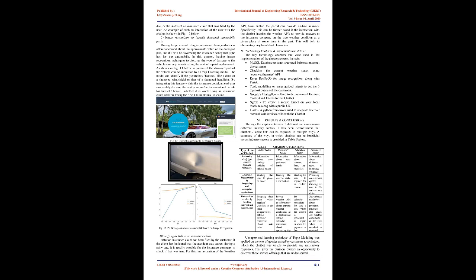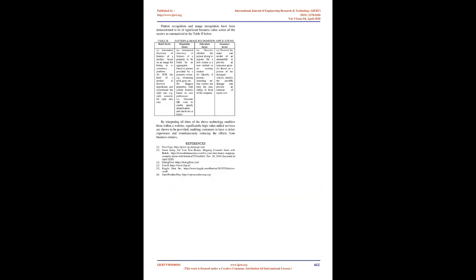Topic modeling on unrecognized intents to get the 3 topmost queries of the customers. Google's Dialogflow used to define several entities, context, and intents for the chatbot. ngrok, to create a secure tunnel on your local machine along with a public URL. Flask, a Python framework used to integrate internal/external web services calls with the chatbot.